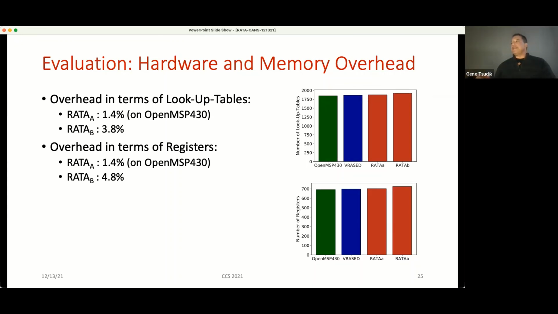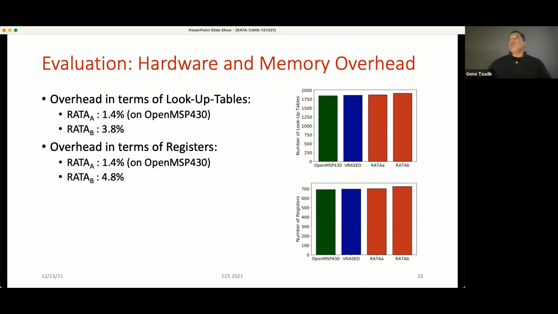And so this shows you the increase, and for VRASED, already you can see it's marginal, the blue bar is marginally taller than the green bar, which is plain MSP430 or OpenMSP430 toolkit. And RATA-A adds just a tiny bit on top of that, and RATA-B a little bit more. So the difference between, let's say, RATA-B and a virgin OpenMSP430 is a couple of % overhead.